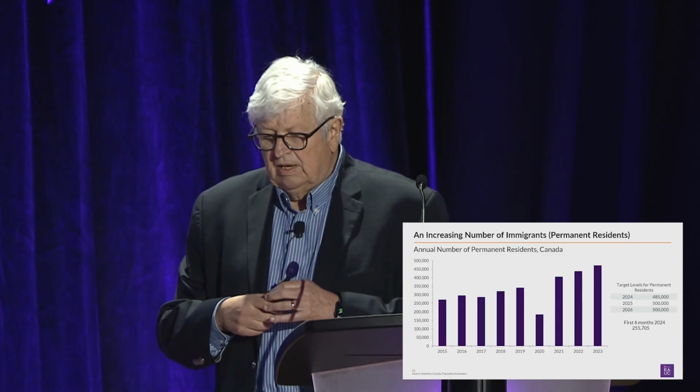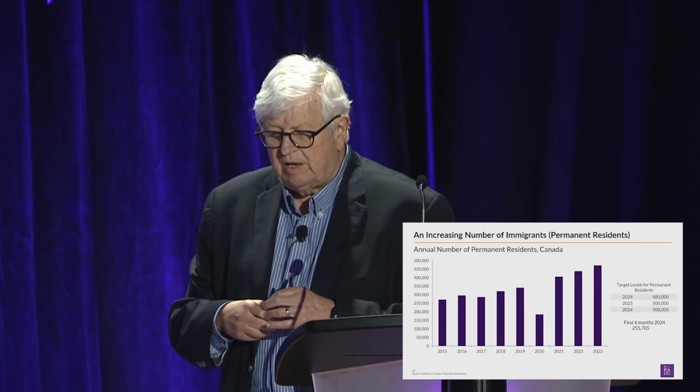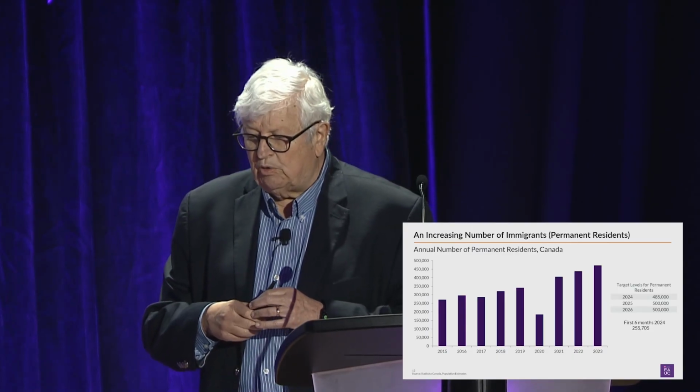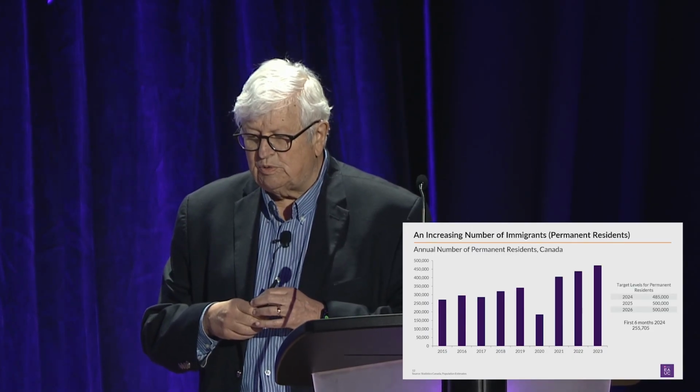So that's the big picture in terms of where growth has been. Let's look a little bit behind the scenes now in terms of those two components of migration. First of all, immigration, and then we'll look at internal migration. Here's the immigration numbers, as I mentioned, for many years in and around 250,000, but really started to escalate post-pandemic.